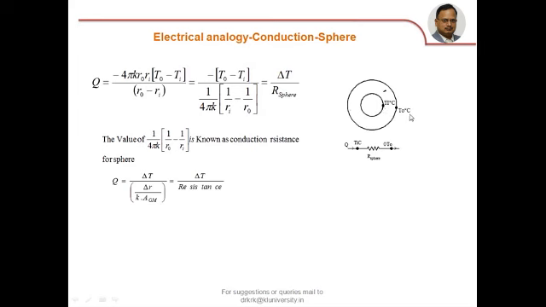The inner surface temperature being greater than the outer surface temperature, heat flows from inside to outside by conduction mode. Therefore, for the heat to flow from inside to outside, this material offers some amount of resistance, and that resistance offered by the material for conduction heat transfer is known as conduction resistance.